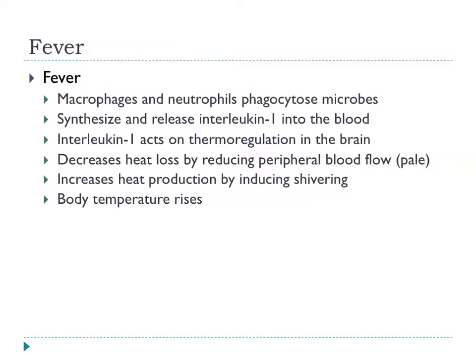It changes the thermostat so that your body temperature, instead of being at its normal 37, goes up a few degrees. It does this by reducing the peripheral blood flow, which is why you go pale when you're severely ill, and increasing heat production: you start shivering, and you get what we call rigors, these attacks of very intense shivering, and the temperature rises.